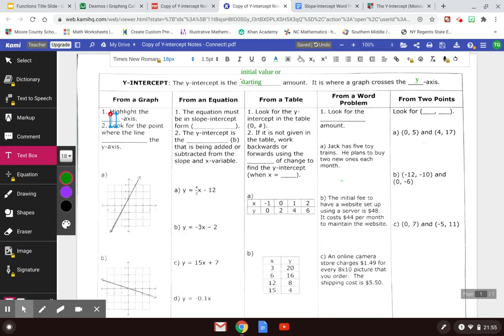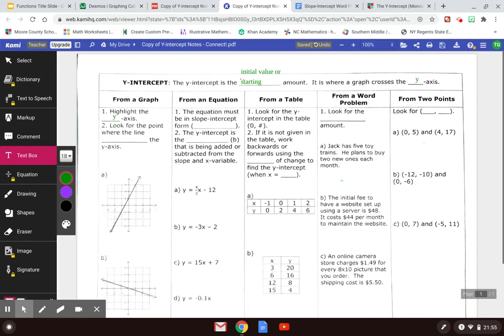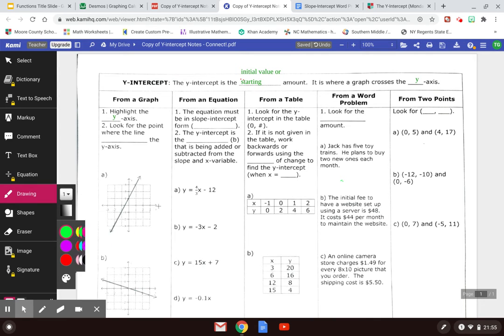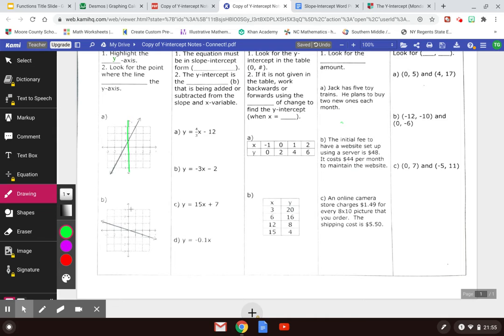All right, so what we want to do here for this first part about how a y-intercept can be represented in a graph is we want to highlight, as it says here, the y-axis. So if I come down here to both of these graphs and just highlight where my y-axis is, you're going to notice that there's a point where that line crosses the y-axis.